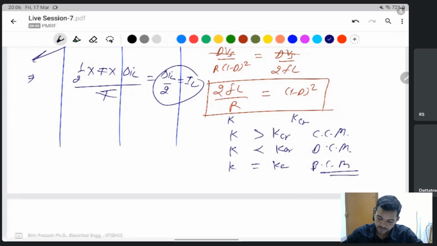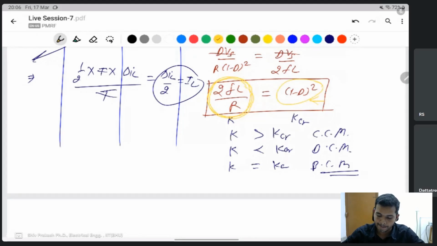Whether it is buck boost, boost, or buck converter, the K value is the same, but the Kcr value is different. 2fL by R is the same for all converters, but Kcr is different for different converters.